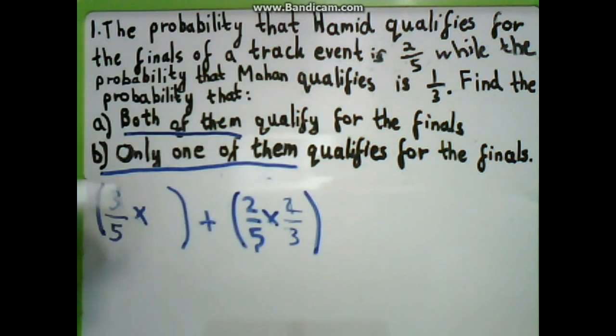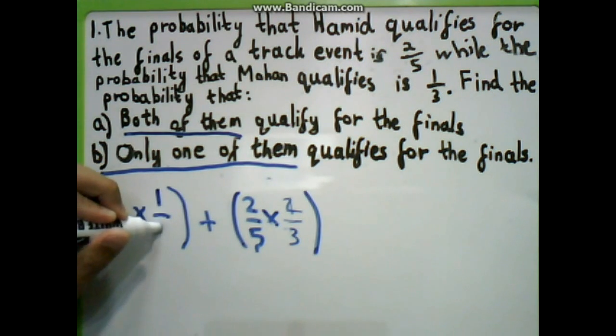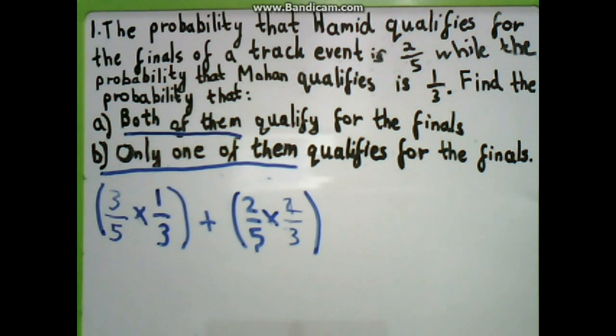And you must put the probability that Mohan will qualify into the brackets with Hamid failing to qualify. Why? Because they want the probability that either one of them qualifies. So basically, if Hamid were to qualify, it means that Mohan fails to qualify. And if Mohan qualifies, it means that Hamid will fail to qualify. So basically, you need to multiply each.